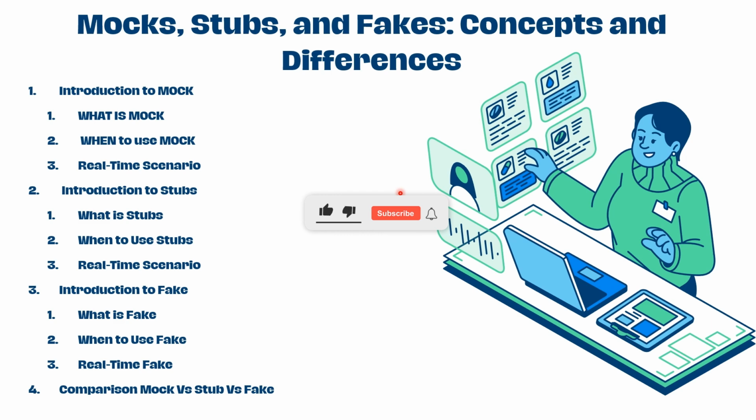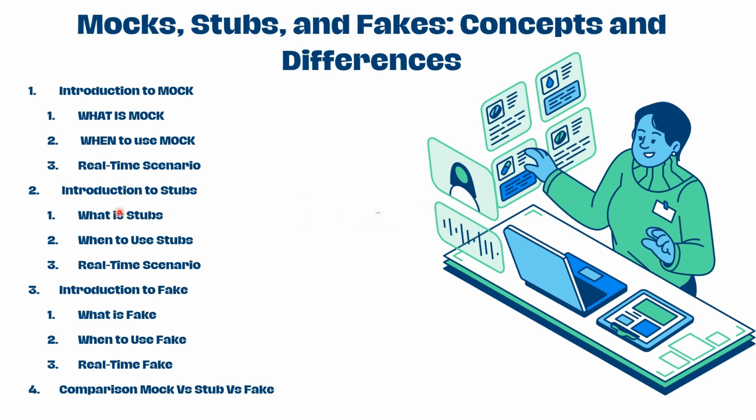So first, let's understand what we are going to cover today. We are going to understand what a mock is, and when we should use a mock, and then we will take a real-time scenario and try to understand how we can use the mock concept in it, right?